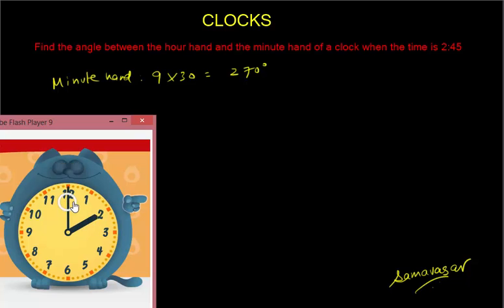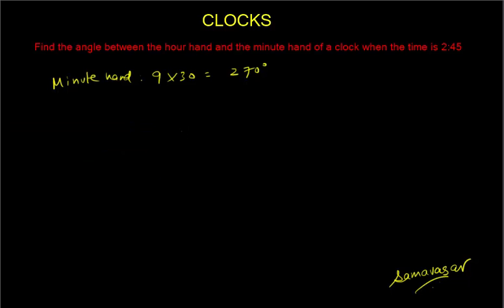When I'm moving the minute hand, the hour hand is also moving. So how much has the hour hand moved? For the hour hand, it is 45 minutes, and we told you that the speed of the hour hand is half a degree per minute.